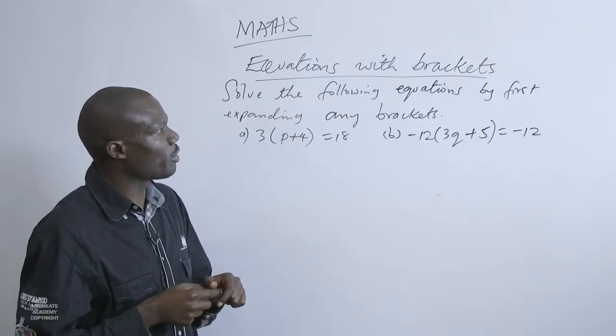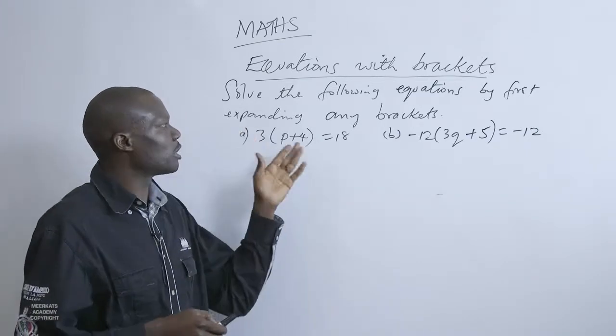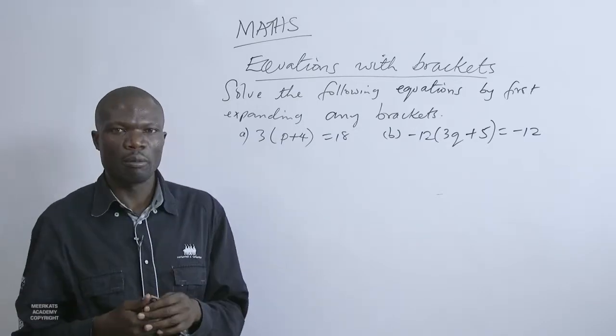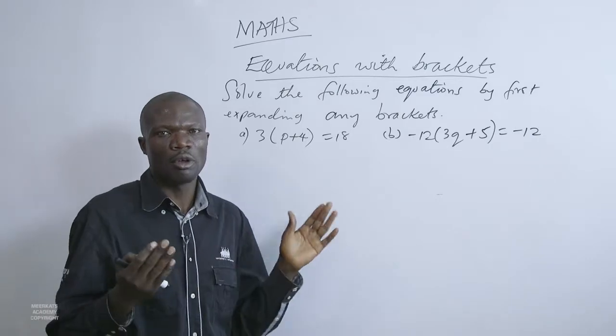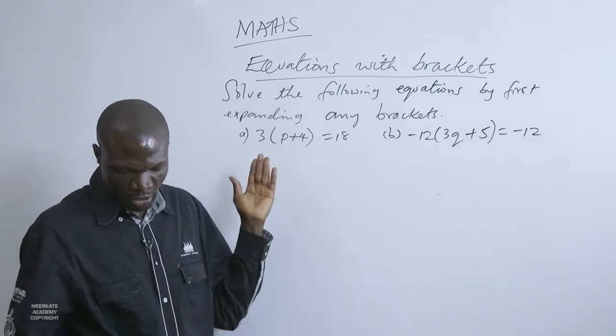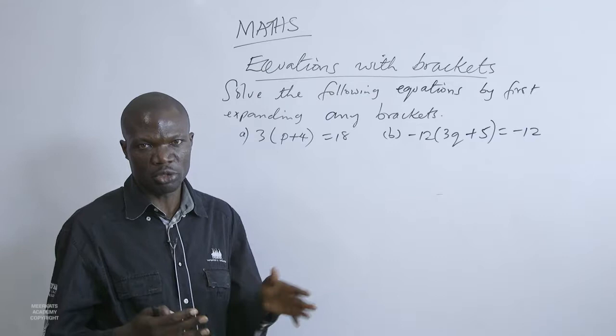Solve the following equations by first expanding any brackets. The question is: a, we have 3 into p plus 4, close the brackets, equals 18.